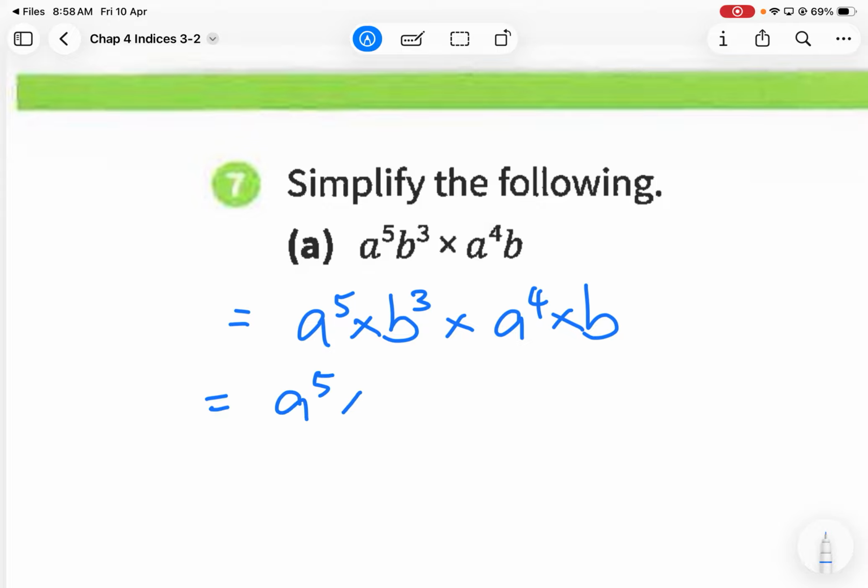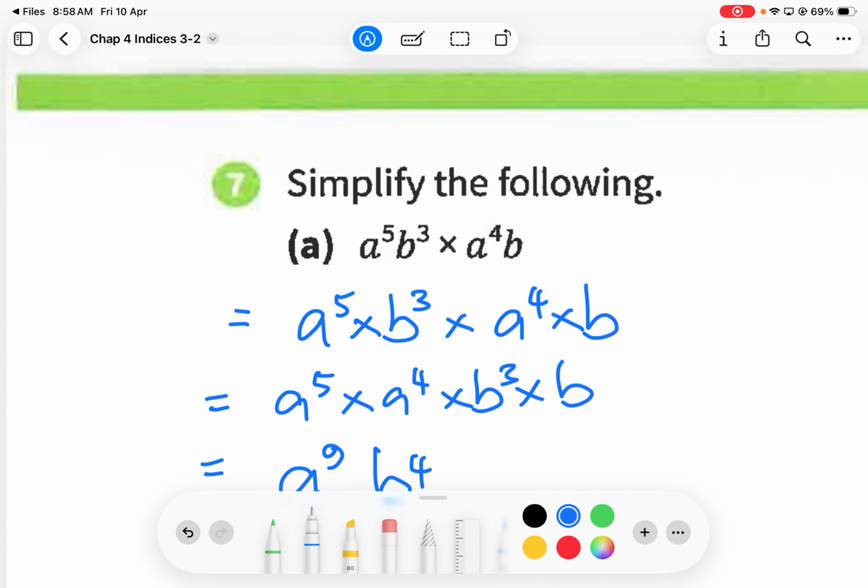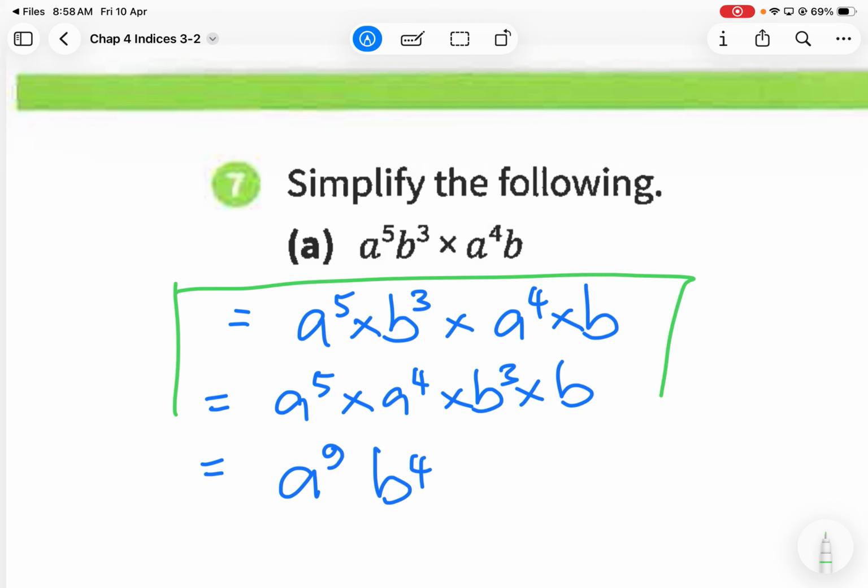So end up it will be a^5 times a^4 times b cubed times b. Then become a^9 b^4. Okay? So again, these two steps don't need to show. I'm just showing you why it happened like that. When you are really working, these two steps don't need to show. I see this multiplication, I straight away a^5 times a^4 add the power. b cubed times b add the power.